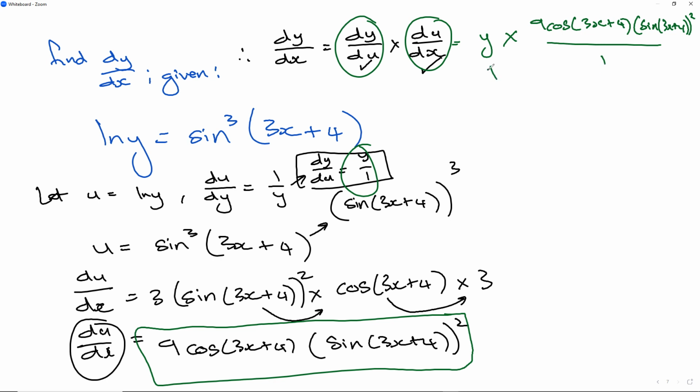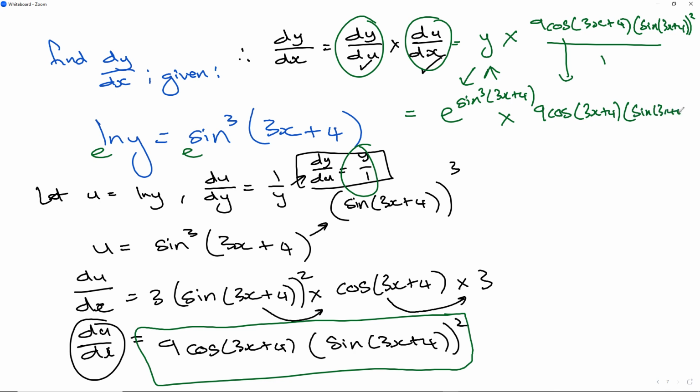And then this y over here, remember we can find by raising this to the power of e. And if I do that, y is going to equal e to the power of sine cubed 3x plus 4 times that whole function there, 9 cos 3x plus 4 times by sine 3x plus 4 squared. And that is the derivative. Can I simplify it any further? That doesn't look like it. And that would be my final answer.